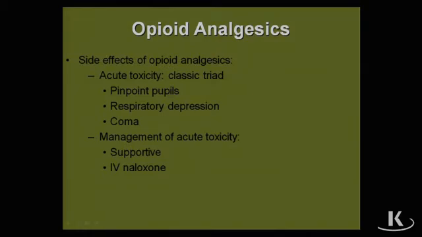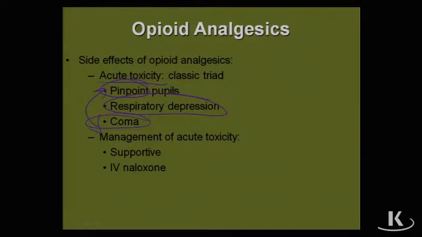Side effects of all the opiates that are agonists in acute toxicity, a classic triad: the pinpoint pupil, respiratory depression, and coma. It is the fact that a patient is comatose while having pinpoint pupil that is so striking. We expect dilated pupils in people who have respiratory depression and coma. Not so here, except for one drug.